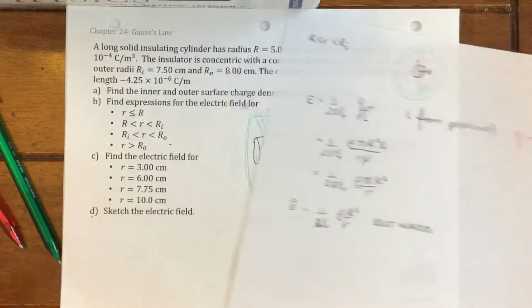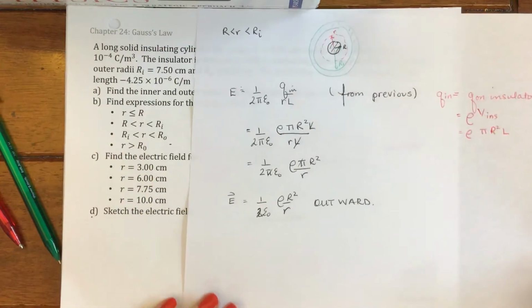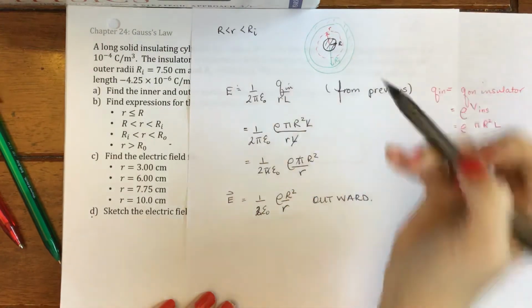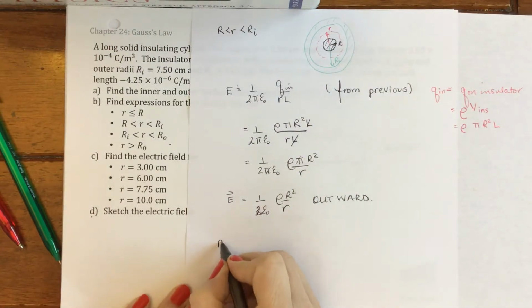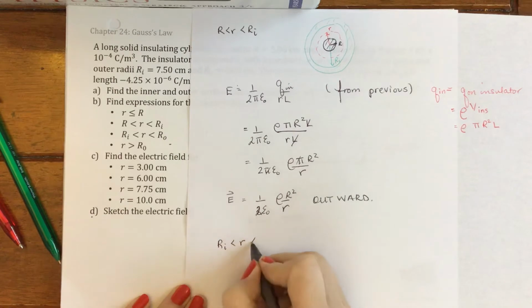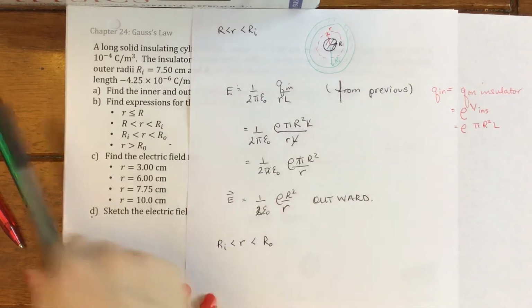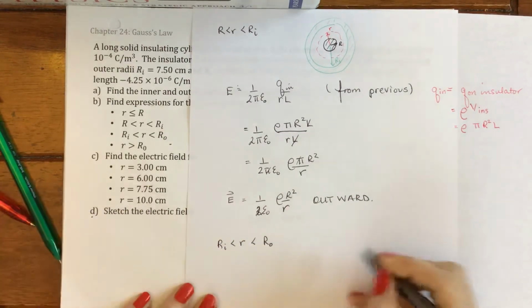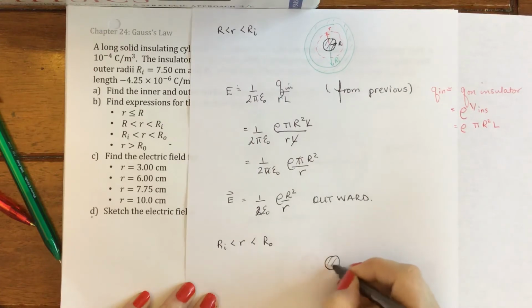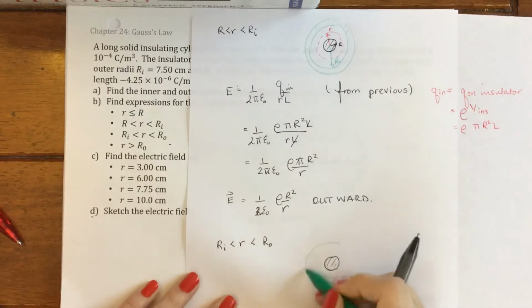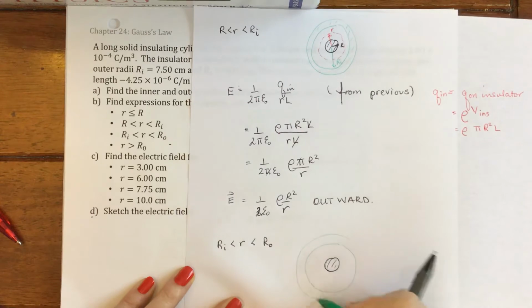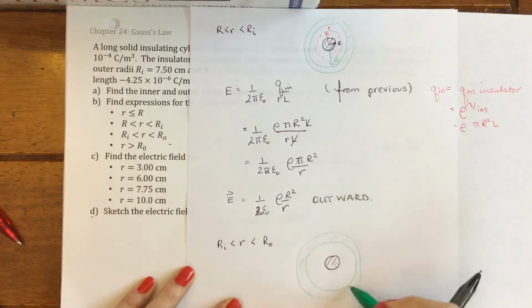The next part is what is the electric field between this distance and this distance. So Ri less than little r less than Ro for the outer surface. Let's quickly draw that again. So here, draw our Gaussian surface.